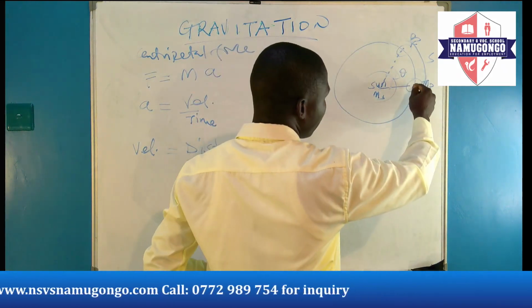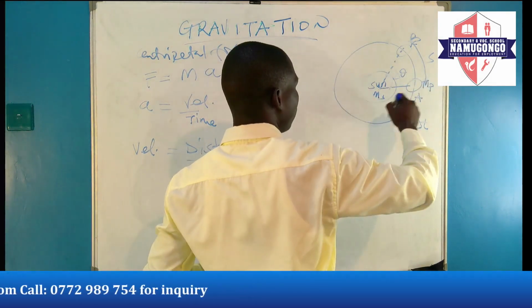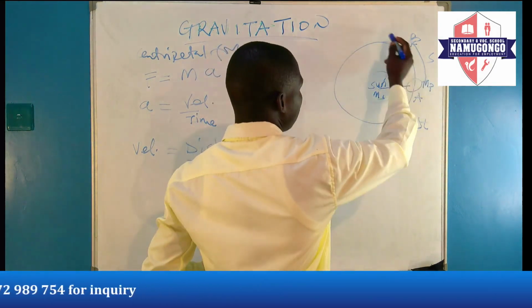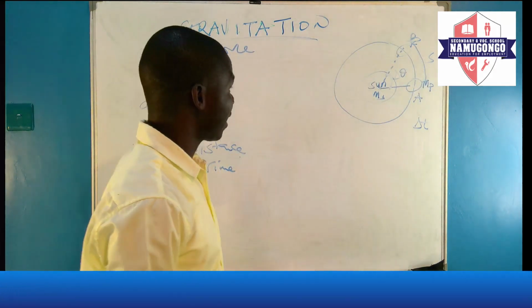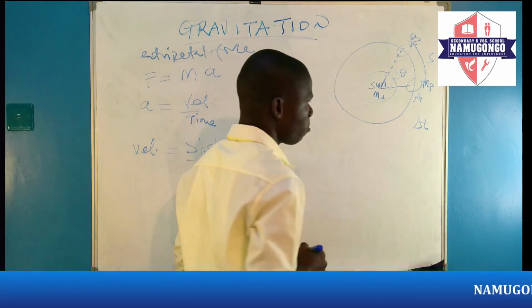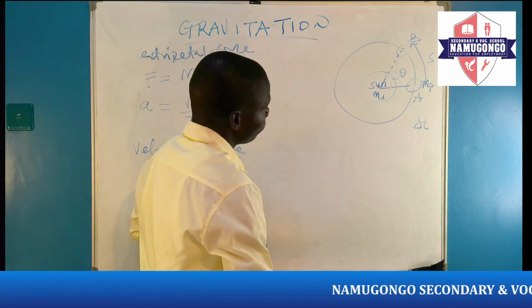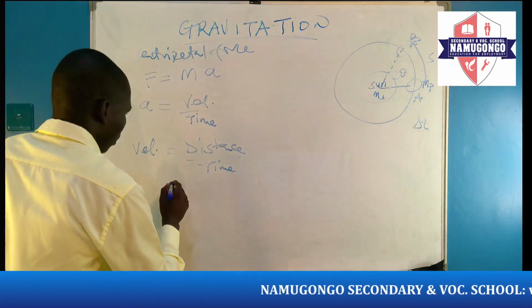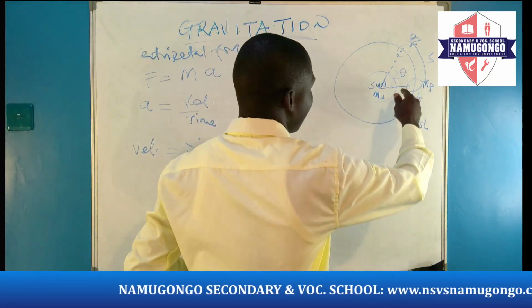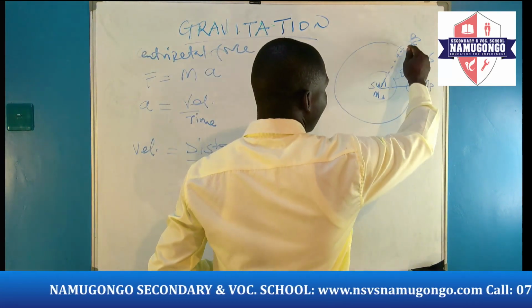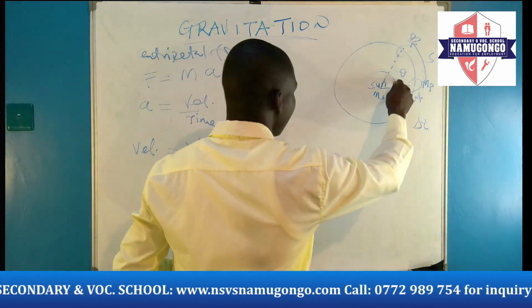This arc is just a part of the distance of this circular path moved by the planet. When the planet moves from this point round up to this point, it will have covered a total distance called the circumference, and that distance is given by 2 pi r. But now it has moved only from here up to this point, meaning it has covered just part of the distance through that angle.